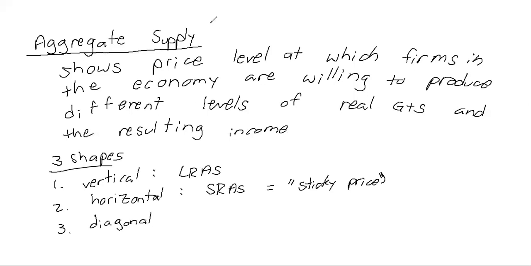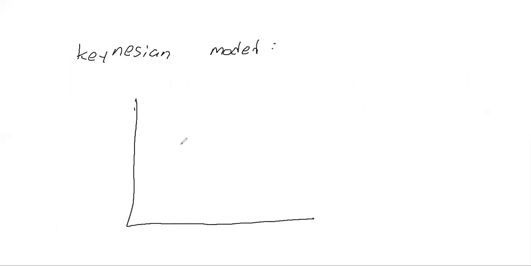So in the Keynesian model, this aggregate economy has a horizontal aggregate supply curve in the short run. So this is short run aggregate supply, which I will write as P bar, which means prices can't change. They're held constant.